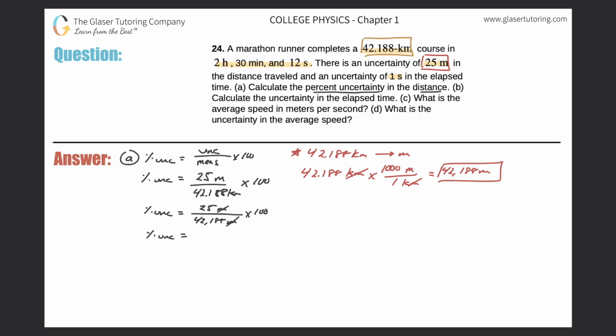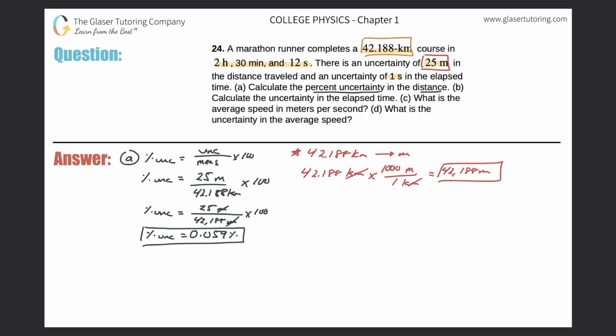Take 25 divided by 42,188, multiply it by 100, and we get a value of 0.059%. I only have 2 significant figures in my answer because the numerator value only had 2. So that takes care of part A because we wanted to calculate the percent uncertainty in the distance.